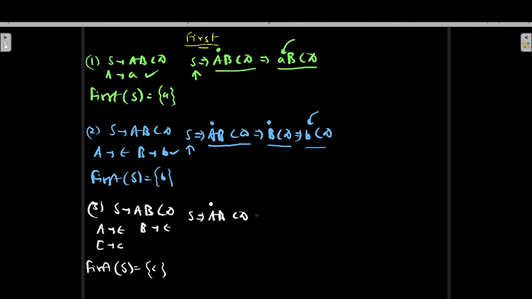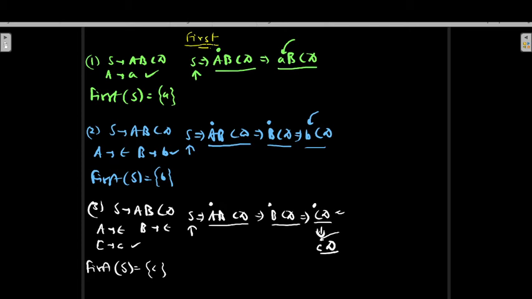From this production rule we can say that A produces epsilon, so this will become BCD. Now as B produces epsilon, this will be CD. Now as capital C produces small c, this will be small c capital D. So you can see that all the strings which are generated by S will have small c in the first, so first of S is small c.